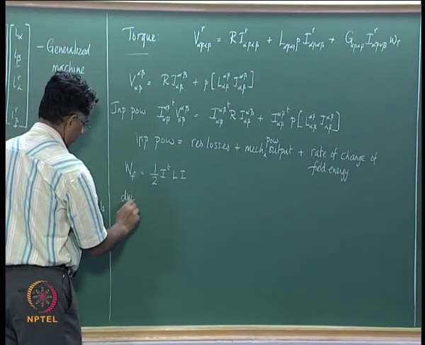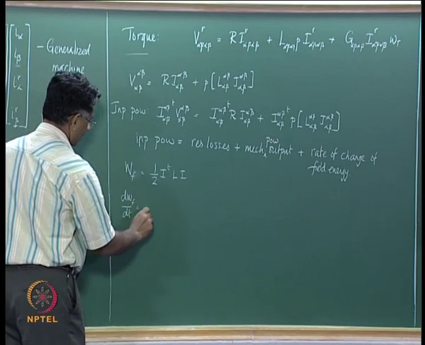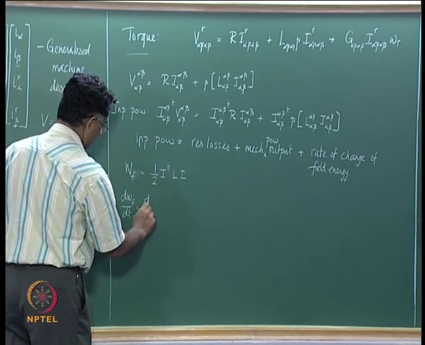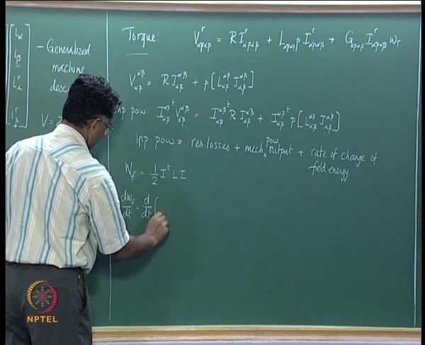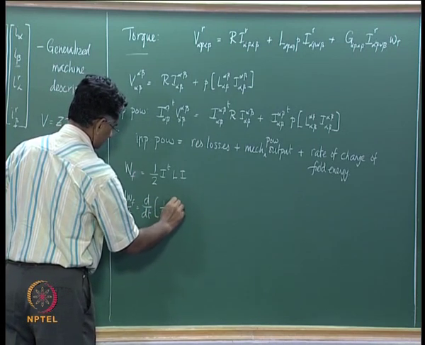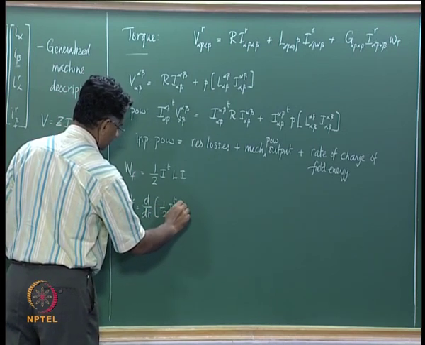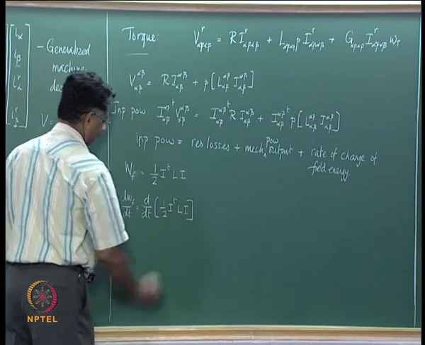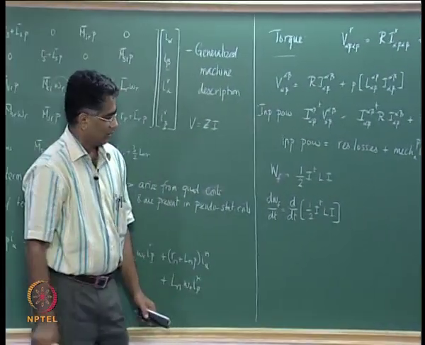So dWF by dt is equal to d by dt of half I transpose L into I.